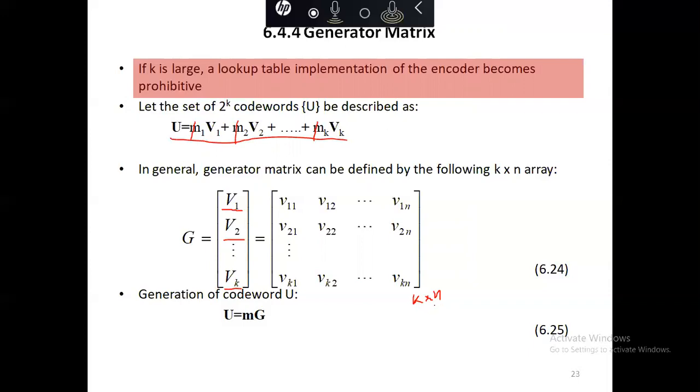In fact, I'm not putting all the code words in the generator matrix. I select some code words from it. And all these code words are the linear combination of the message. That's why I am calling it the linear block code, right?